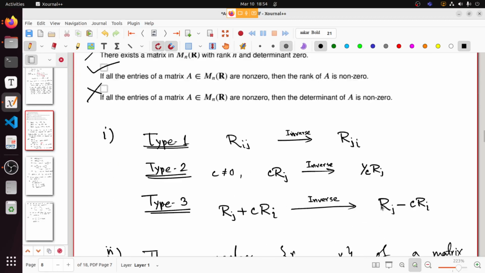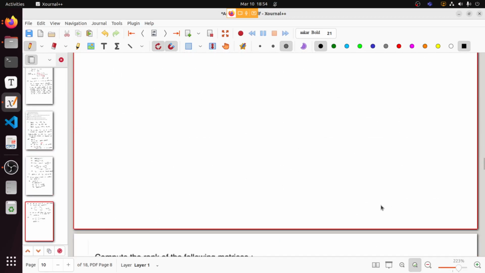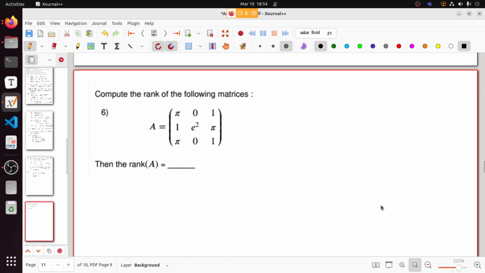So let's move to question number 6. Now what you have to do is compute the rank of the following matrices. So what is the rank of the matrix? The rank of the matrix is, if you do it in row reduced echelon form, the number of non-zero rows, right?